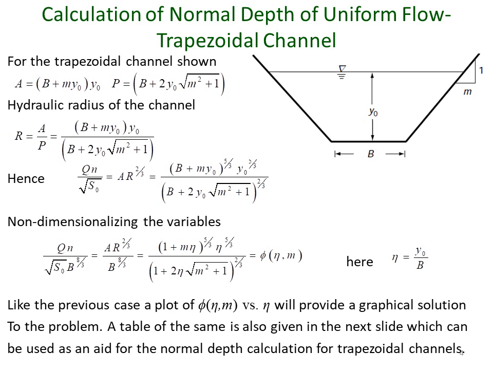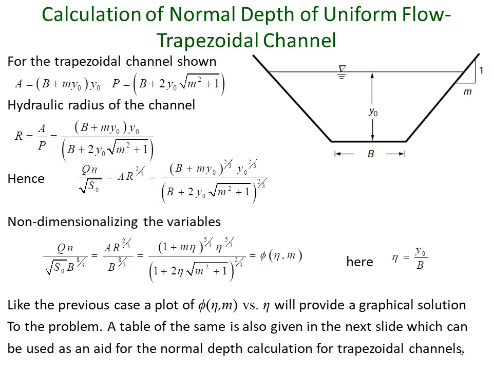So here notice that, as compared to the rectangular channel, one extra parameter has been introduced, that is the side slope m. The non-dimensional form of this equation, which is given by Qn by root under S naught into B to the power 8 by 3, equals phi function of eta and m.